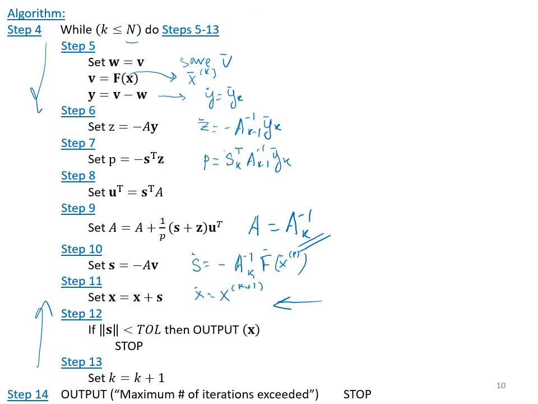Step 12, we simply check if we achieved the desired accuracy or not. And usually tolerance can be, let's say, 10 to the power minus 3 or 10 to the power minus 6.